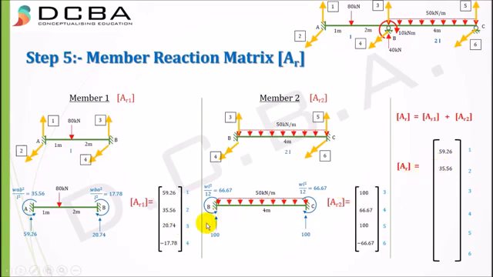So 100 plus 20.74 will give me 120.74. Again, this 4 and this 4 are common in both the matrices. Therefore, we need to add them. It will give me 48.89, and the fifth element is 100, the sixth element is minus 66.67.